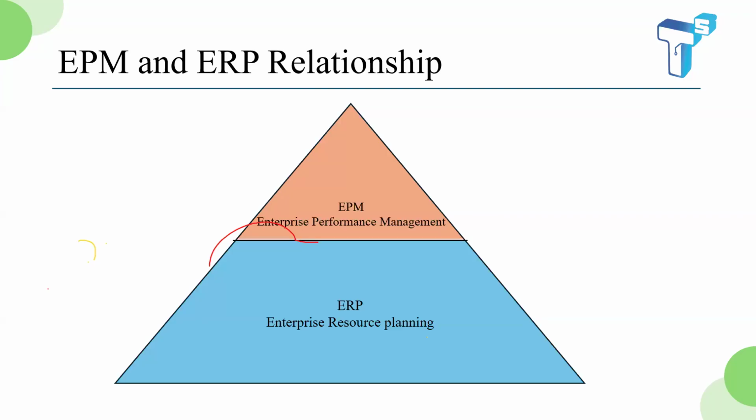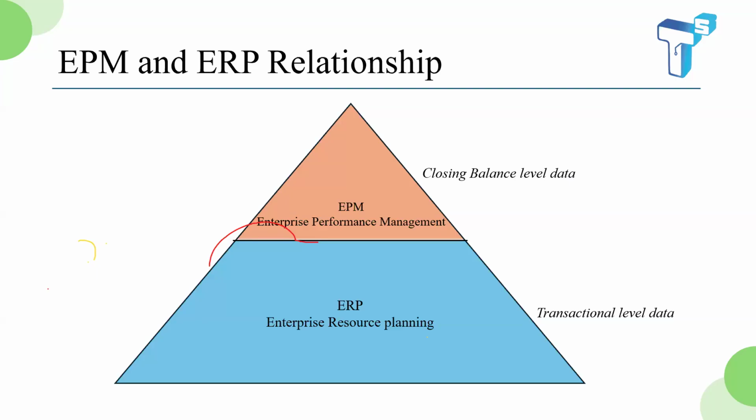And EPM always stands above the ERP. It's not that EPM is far better than ERP. It's just that ERP contains the transaction level data, meaning per day how many debits and credits you have done, in one day, in one month and in one year. Whereas EPM always maintains closing balance level data.